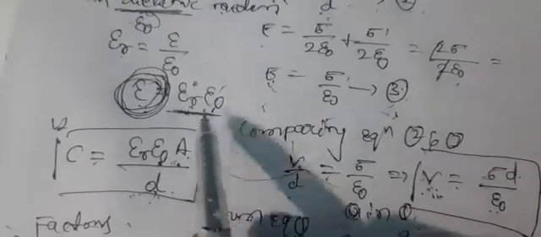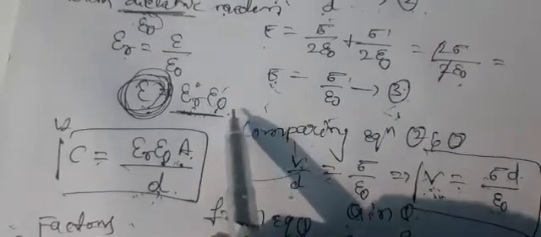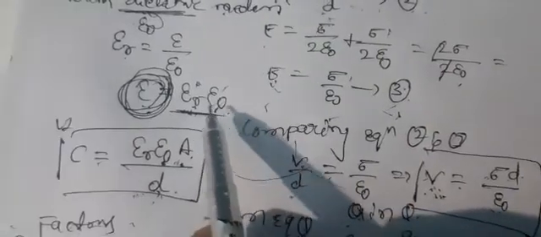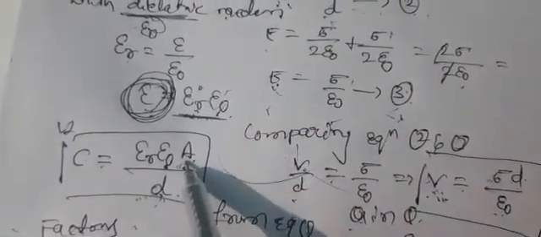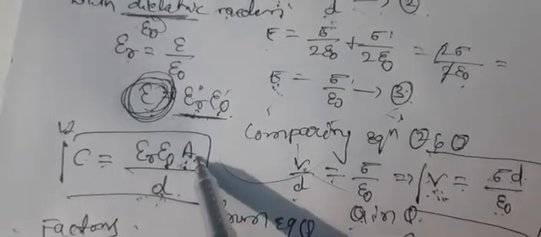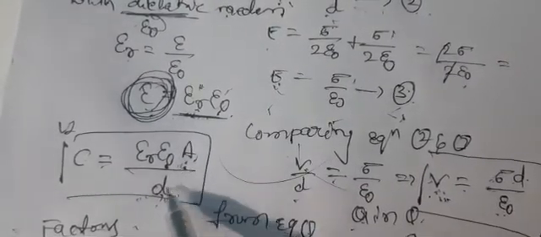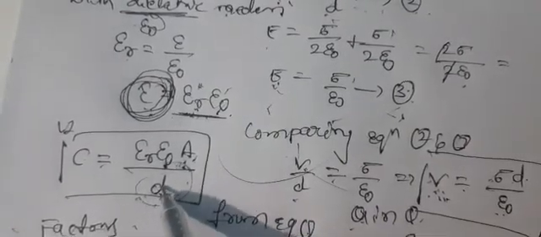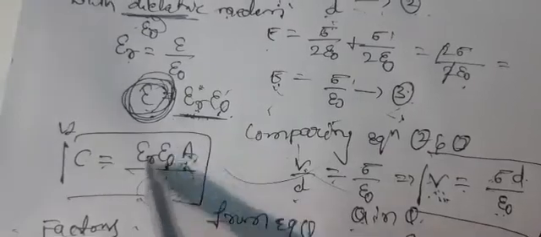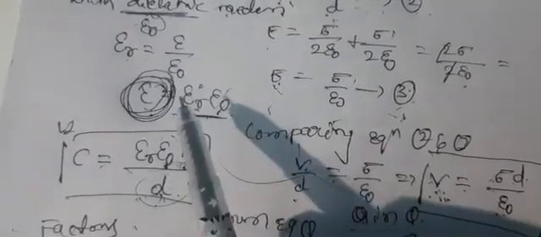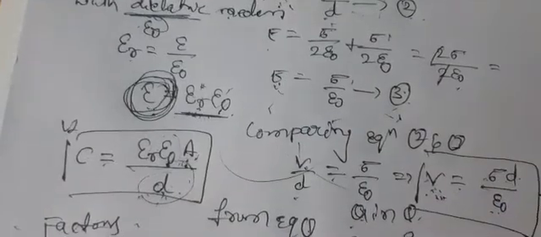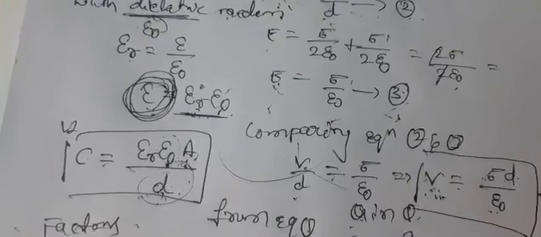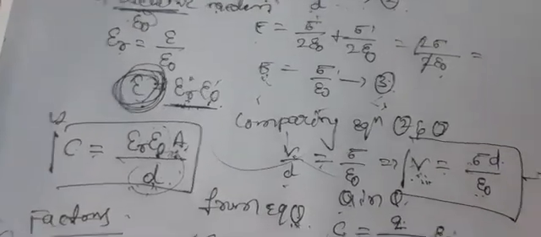The capacitance of a parallel plate capacitor can be increased by increasing the area of the plate, decreasing the distance between the two metal plates, and using a higher epsilon r, that is, increasing the dielectric constant between the two metal plates.